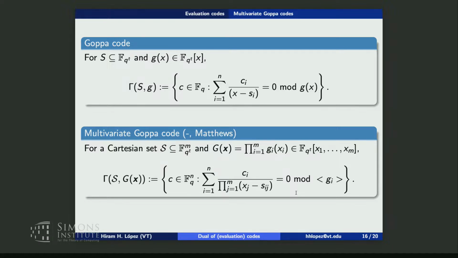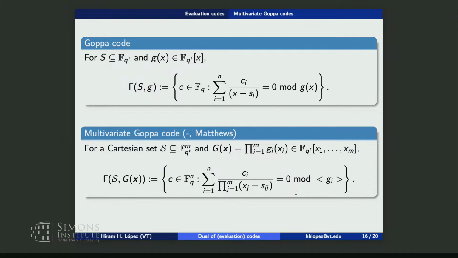So here you have one variable, and using this variable and this set, you can generate Reed-Solomon codes. And here you have m variables, and you have here m entries. So with every entry and every polynomial, you define one Reed-Solomon code. And then you make the tensor product of all those Reed-Solomon codes. The subfield subcode of the dual is what is known as multivariate Goppa code.